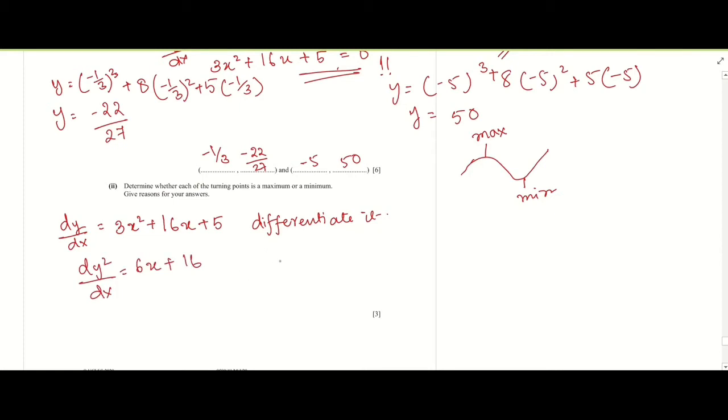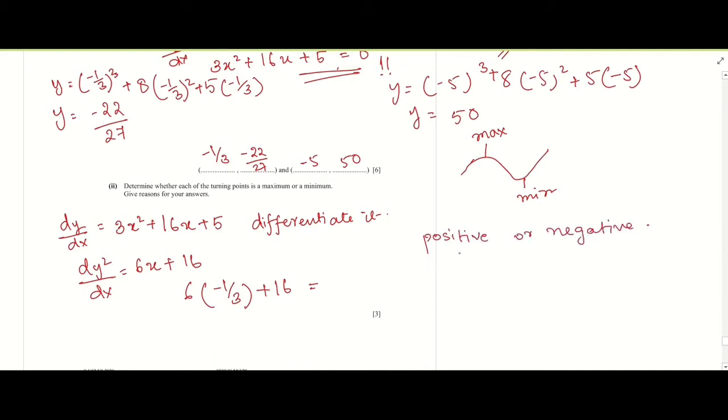Now we have the x values, so we'll have to input our x values. First of all, we'll start with negative 1 by 3 and see what value we get. We need to determine whether our value is positive or negative. That's what we are concerned with.